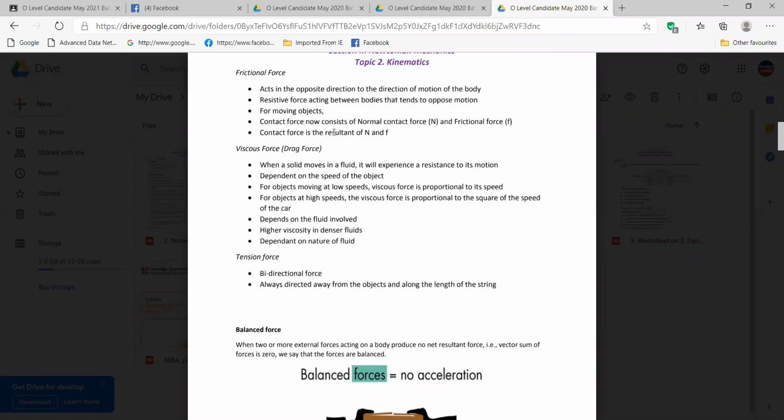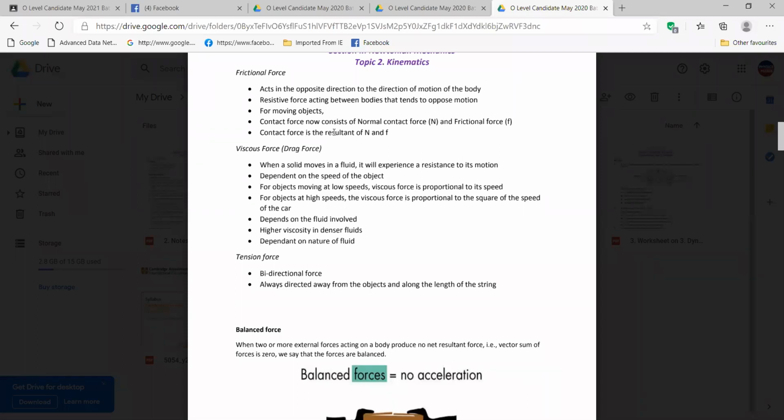Next one also. Viscous force, drag force. Where you don't understand? I don't understand the whole thing. Okay, viscous force and drag force work in fluid. Fluid means both gas and liquid.